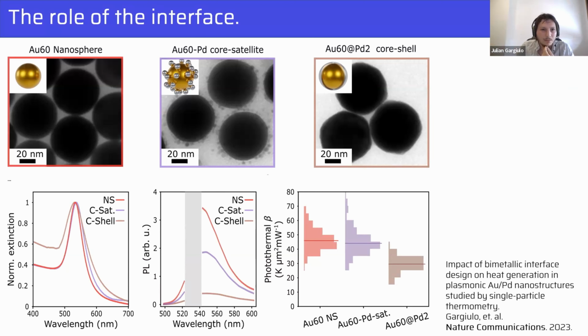And we found something quite interesting: the naked gold and the gold with the satellites had almost the same photothermal response, which was then damped by the core-shell system. So this means that the interface is the key aspect defining the photothermal response of the particle, because the damping of the resonance happens at the interface.